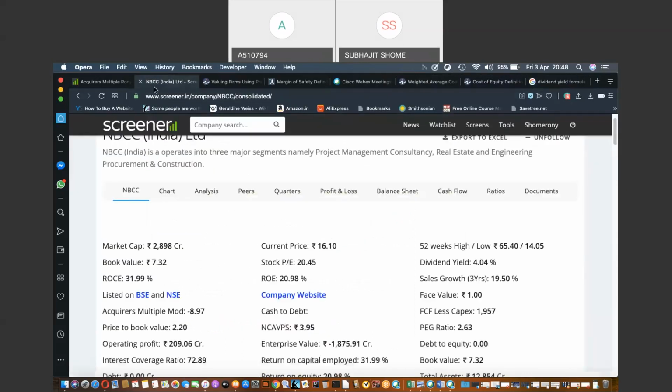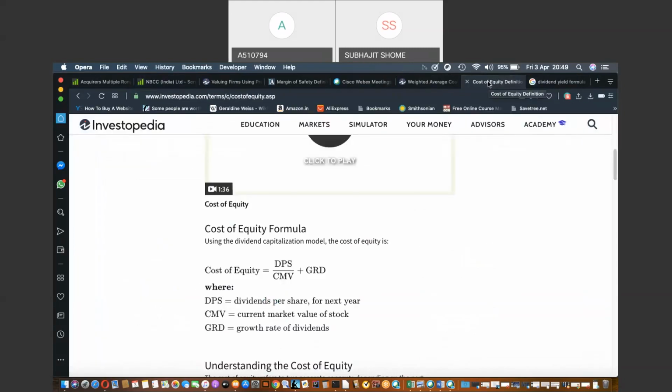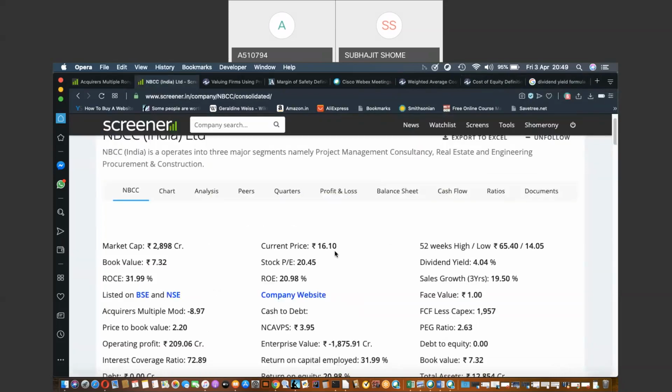Current market value per share is how much? 16.10. Current market price, 16.10. Is it the current price? Yes.